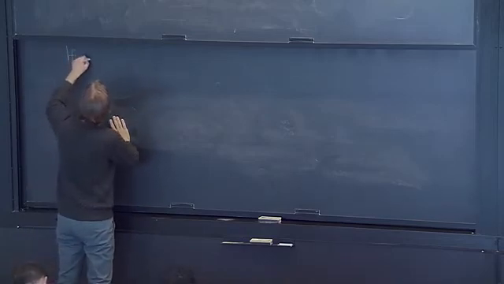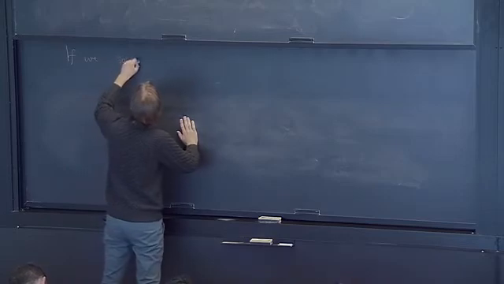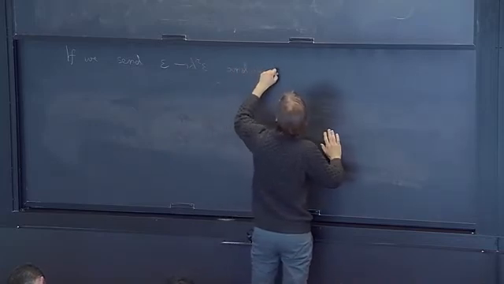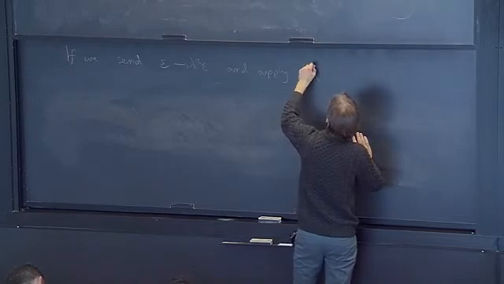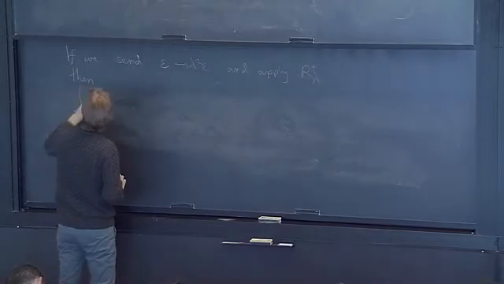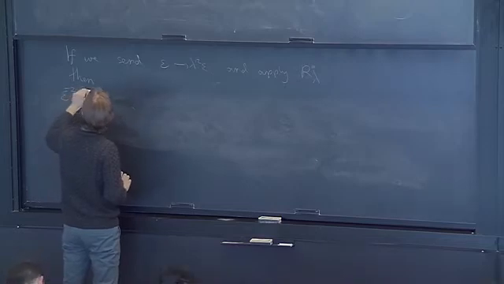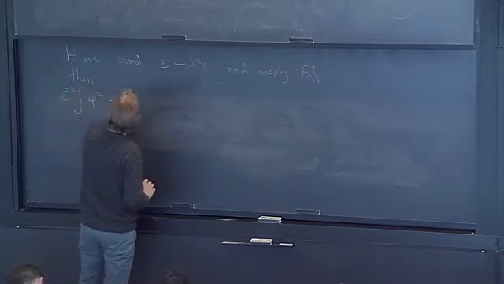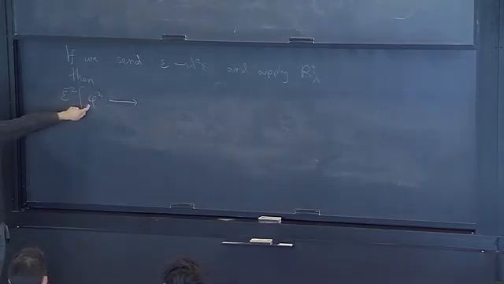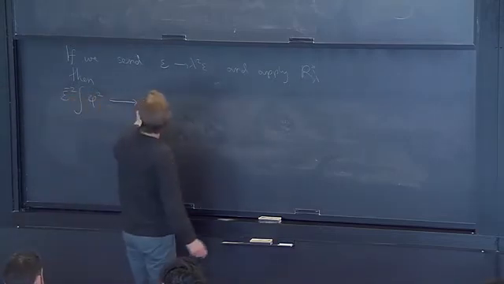So if we send epsilon to lambda squared epsilon and apply or lambda star, then integral epsilon to the epsilon minus 2, the integral of phi squared. At some point, I might have mixed up lambda and 1 over lambda, so let's not worry too much about that. So what happens here? Well, here I pick up a lambda to the minus 2, but here I should pick up a lambda squared, because phi is of dimension 1, and I'm integrating it in 4 dimensions. This is fixed.